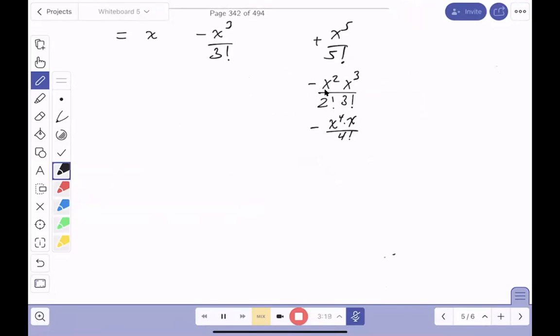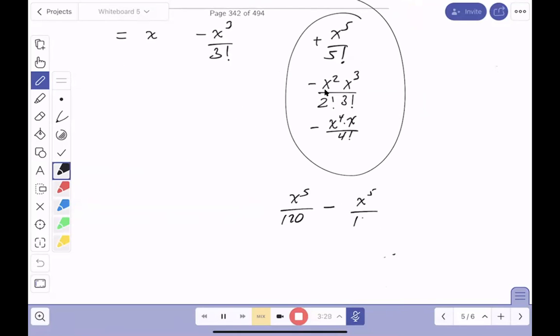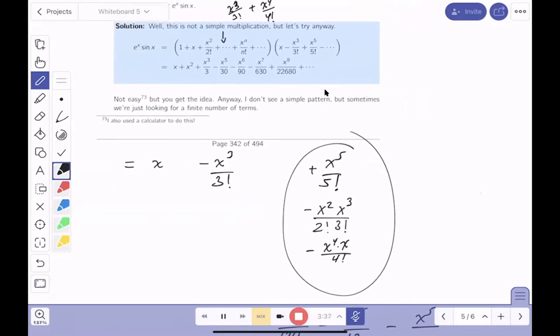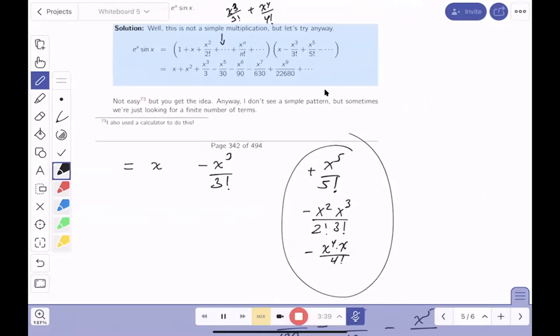All right. I'm just going to do this term over here. I forgot somebody. So it's really x5 over 120. And that's going to be minus x5 over 12. And that's going to be minus x5. I want to make sure I did that right. And x4, yeah.